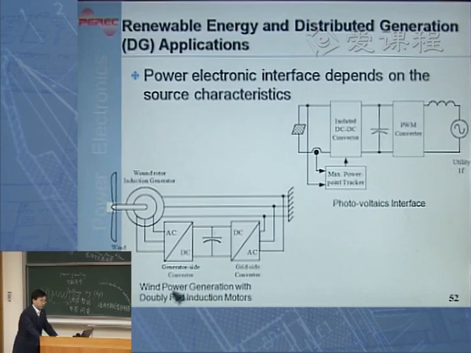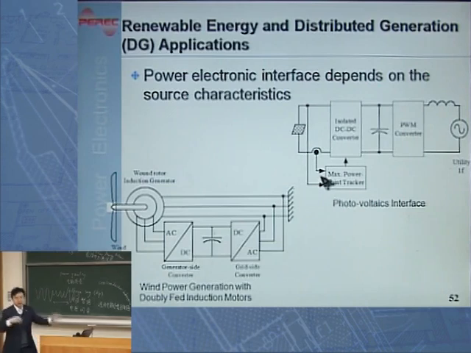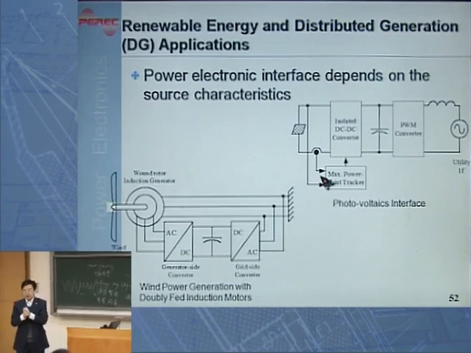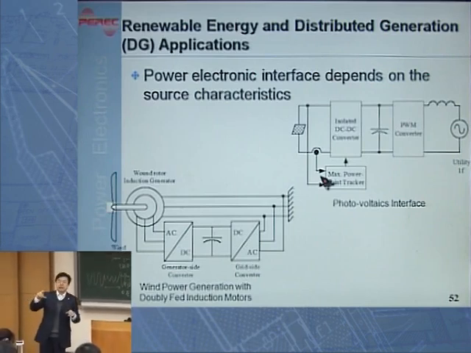For solar power, the electric energy generated by the photovoltaic solar array is usually DC energy.